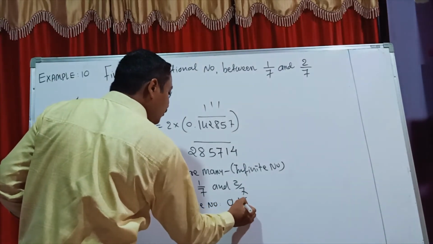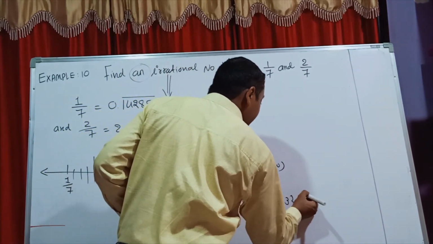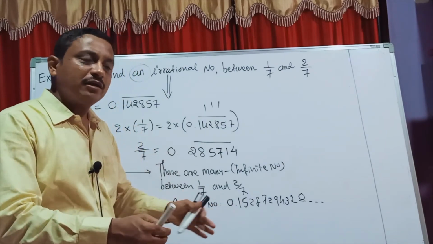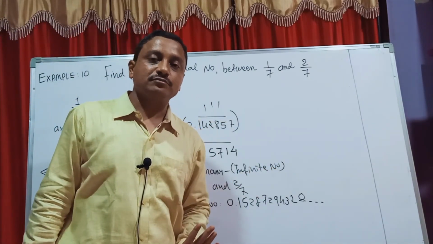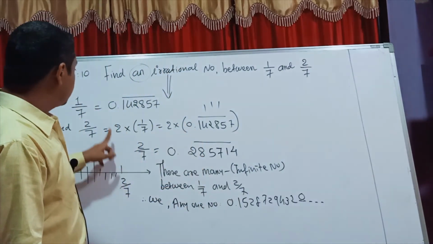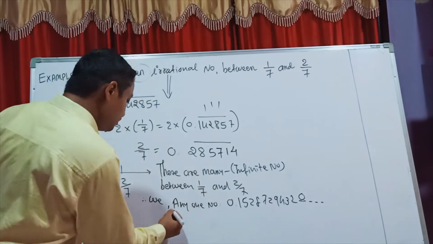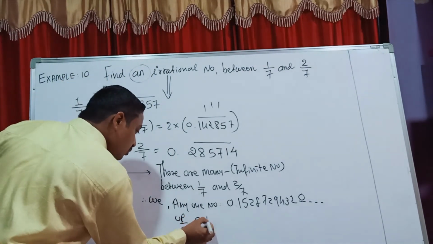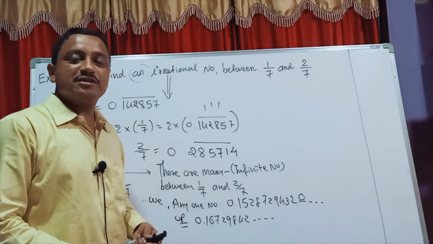So I just telling 0.1528729432, any number write up. Any, because irrational number having no repeated data. But more than this number, students, you also started here 0.16 other number, 0.16729842, any write.